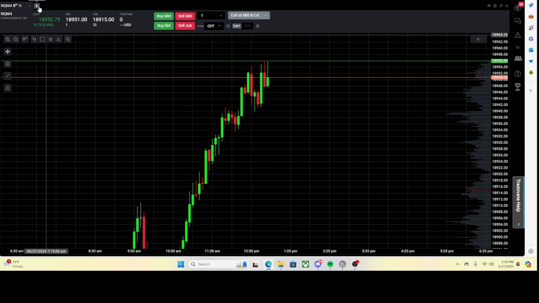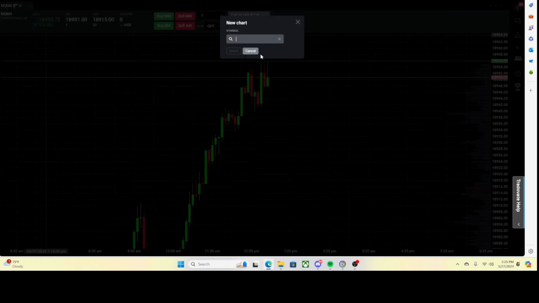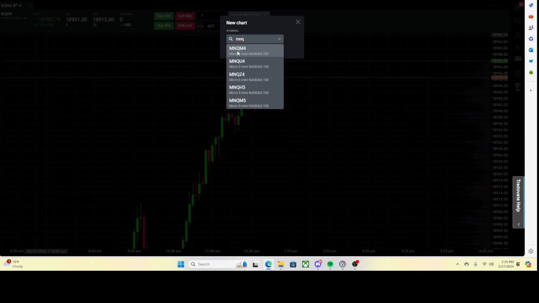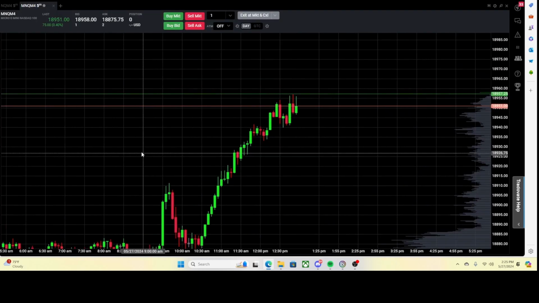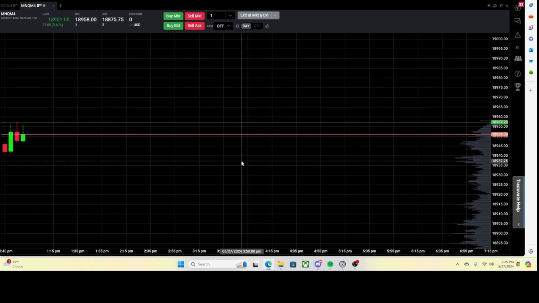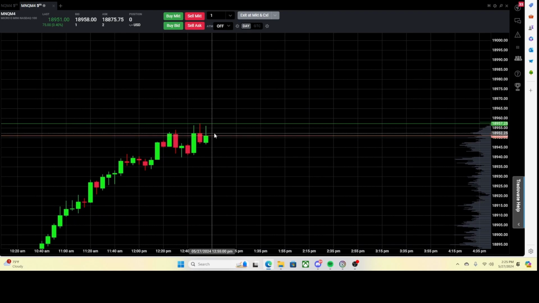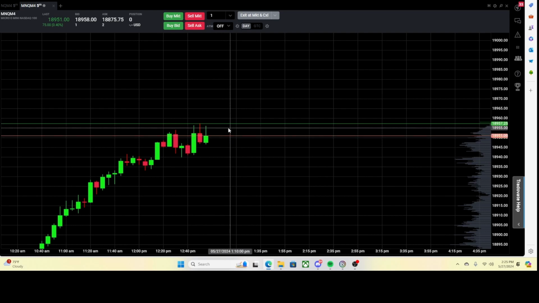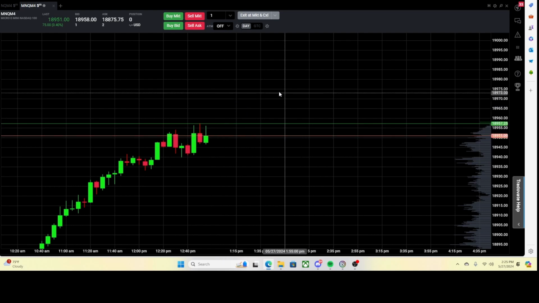But up here, if you hit this new tab button, you can search. What I recommend is typing MNQ, and it would be M4 for right now, I believe. Then when they move, you won't be risking as much when you're first starting out, and you can just see how it works and get to understand it.